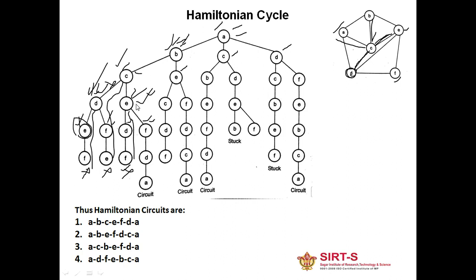Again we'll have to backtrack here from E. Now E will come back to F. What will happen in this F section? What are the adjacent nodes of this F? E and D. As E is already traversed, we take care of this D itself.